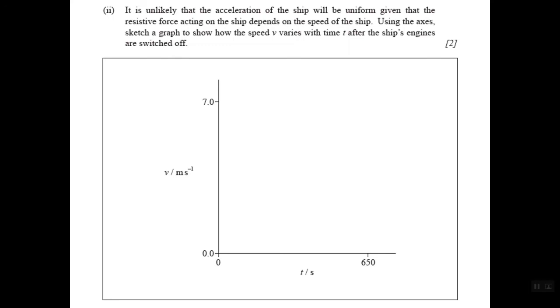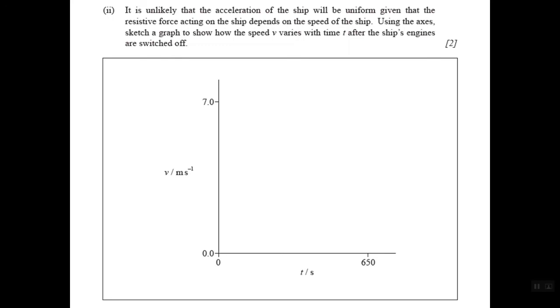II. It's unlikely that the acceleration of the ship will be uniform given that the resistive force acting on the ship depends on the speed of the ship. Using the axes, sketch a graph to show how the speed v varies with time t after the ship's engines are switched off. We know the initial velocity is 7.2 and the engine is switched off.